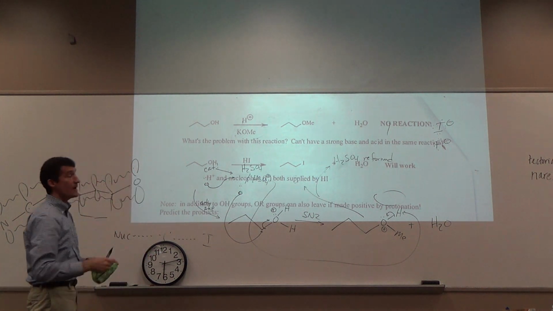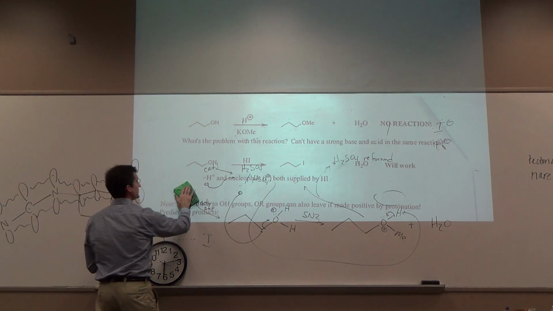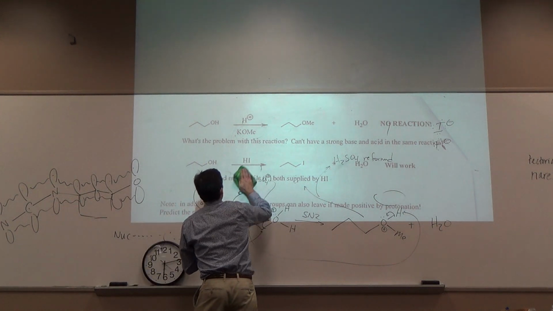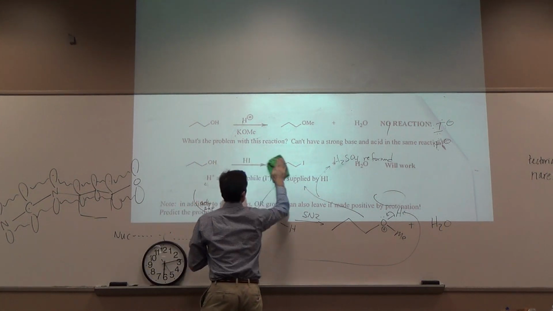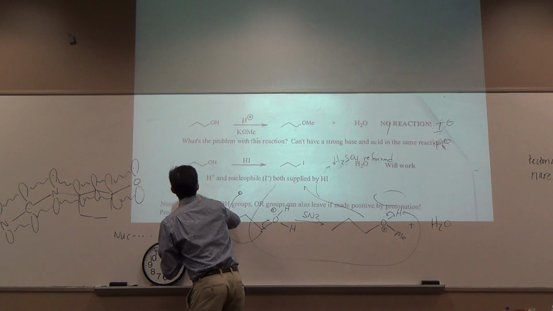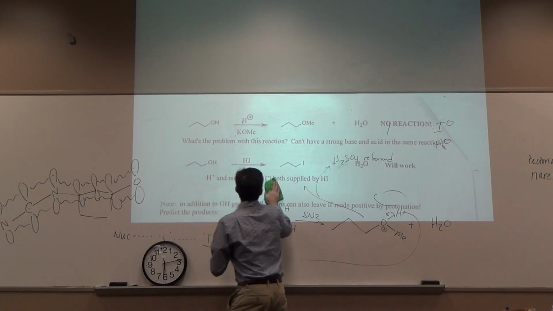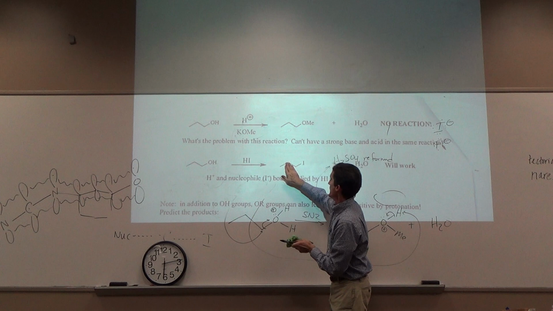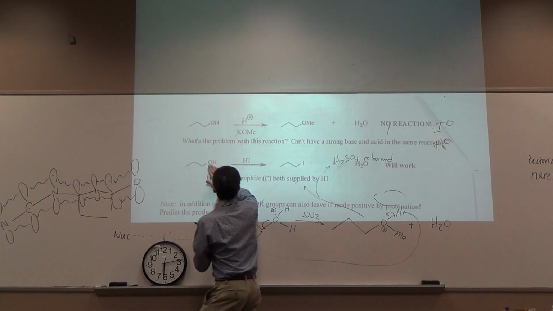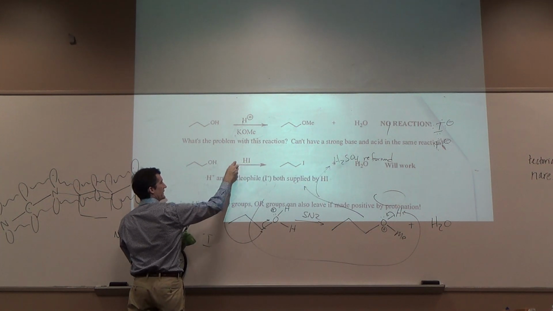Okay, thus a common reaction for alcohols is you can convert them to alkyl halides by reacting them with H halide, or HX.